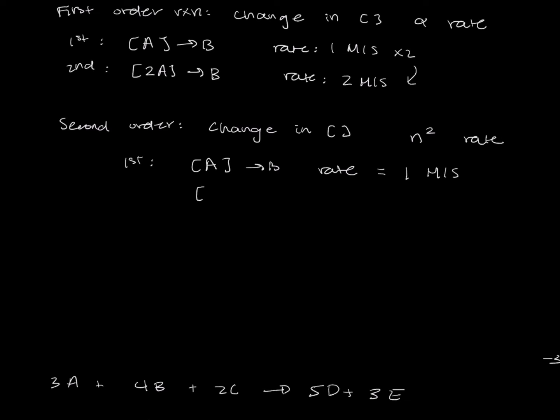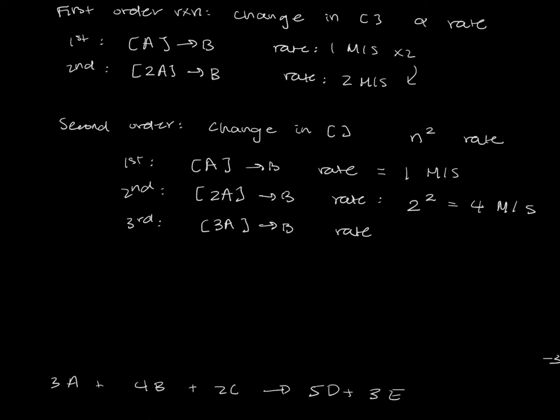Well, let's say that we double our concentration of A, then our rate is going to be 2 squared, which is 4 molarity per second. And then third, we can triple our concentration of A, and that means our rate is going to be 3 squared, which is 9 molarity per second. Okay?